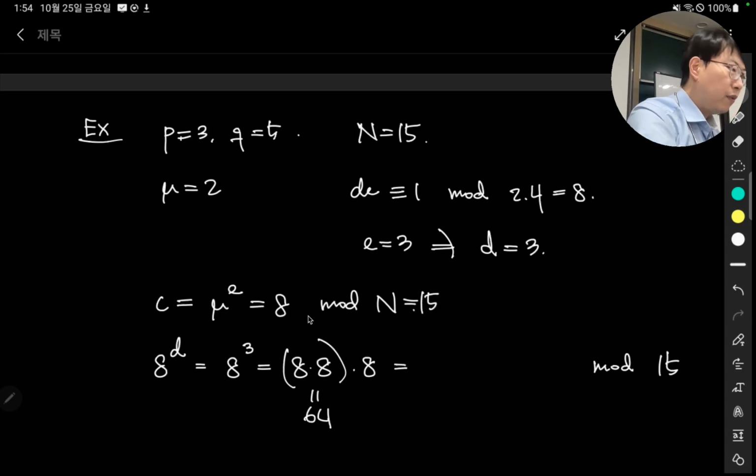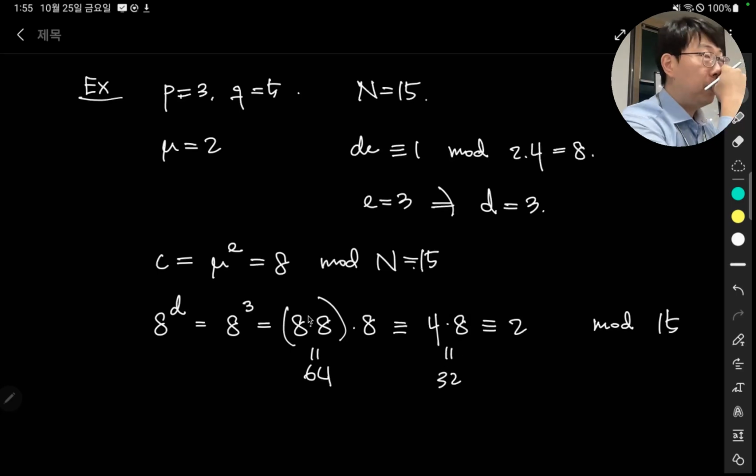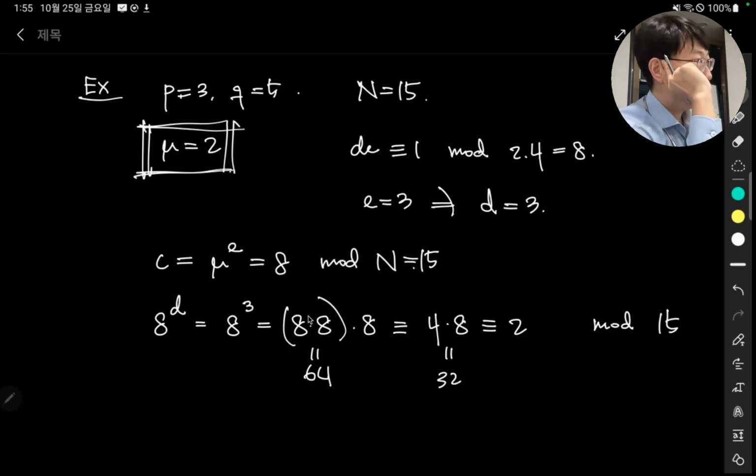So 64 is 4 when you divide by 15. So it's 4 times 8, and it's 32. When you mod out by 15, you get 2. So that's the original message mu that Bob sent here. Okay.